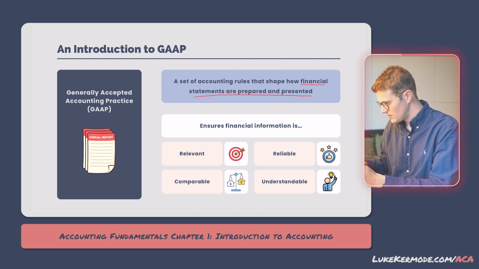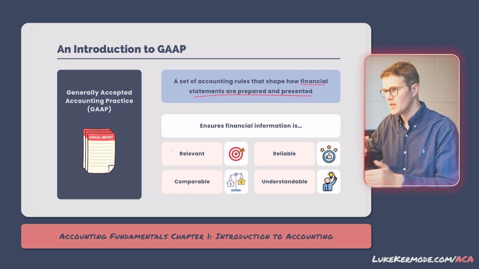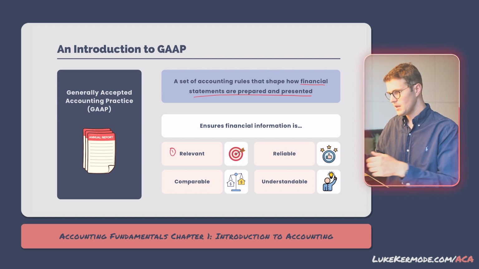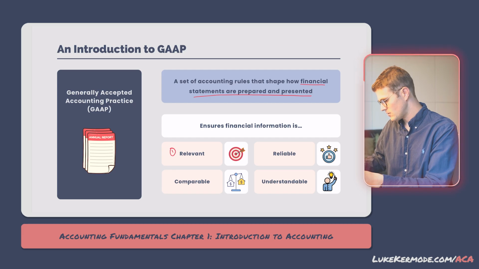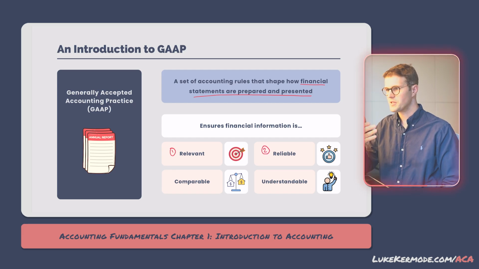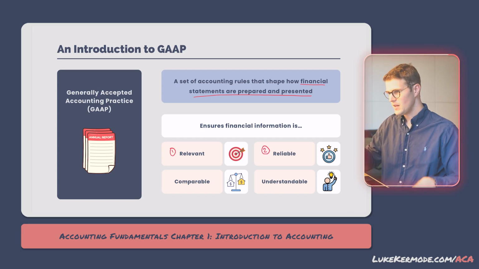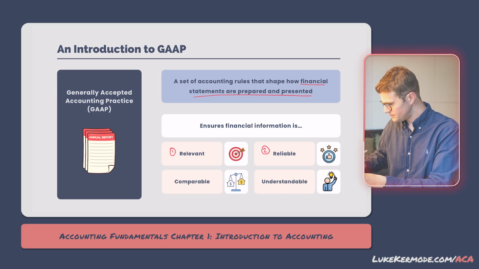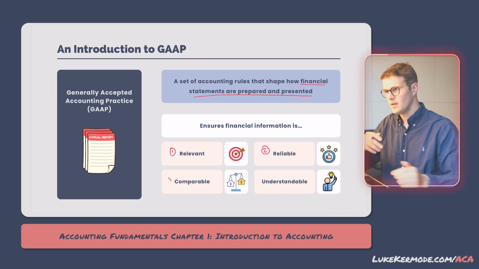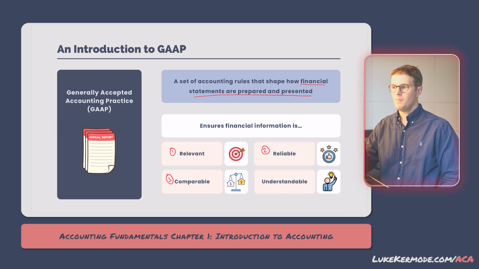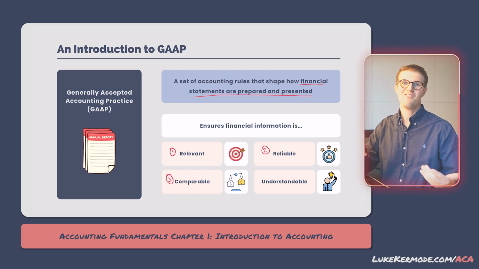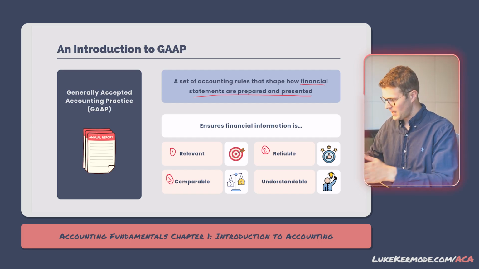It must be relevant, helping users make decisions. It needs to be reliable, so free from significant errors or biases. It needs to be comparable, so that the information can be compared across time and between different businesses, and it needs to be understandable.